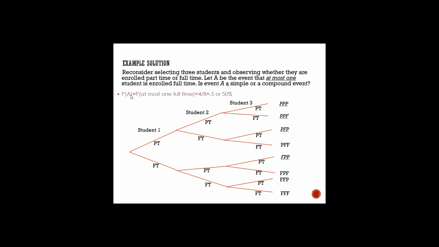So I would look at event A as being at most 1 full-time, probability of at most 1 full-time. 4 out of the 8 met that criteria. 4 out of 8, of course, is 1/2, 0.5, or I could say that's 50%. So how would we talk about this? Well, we'd say there's a 50% probability that at most 1 student out of the 3 is enrolled full-time.